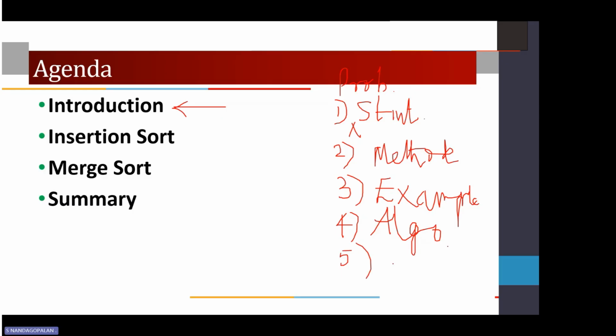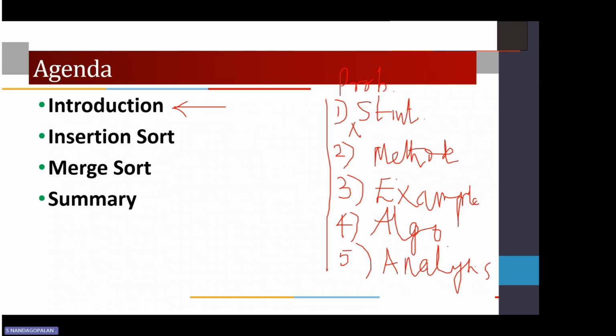Point number 5 is the analysis, complexity analysis in terms of big O. Implementation coding is not part of this course, so we will not worry about that.